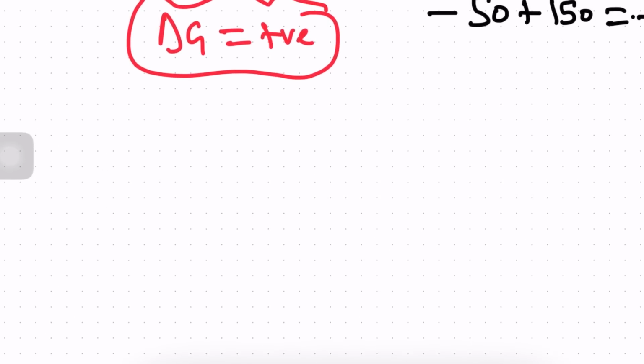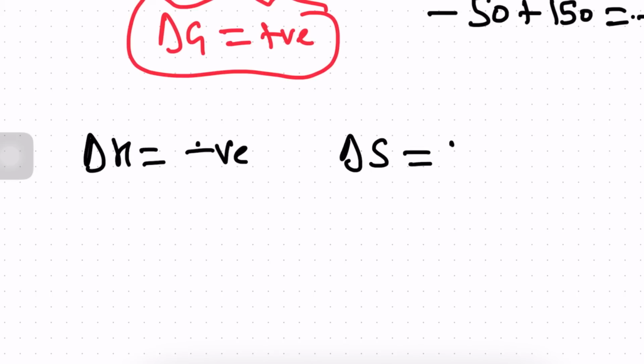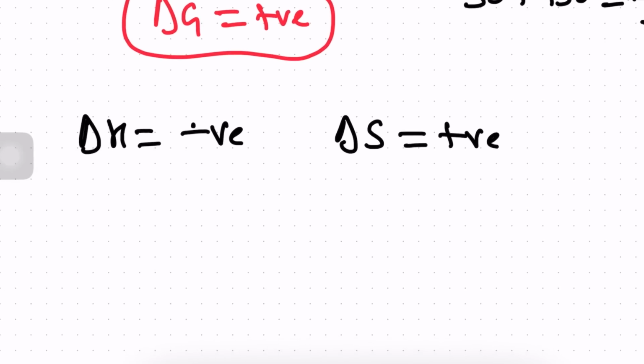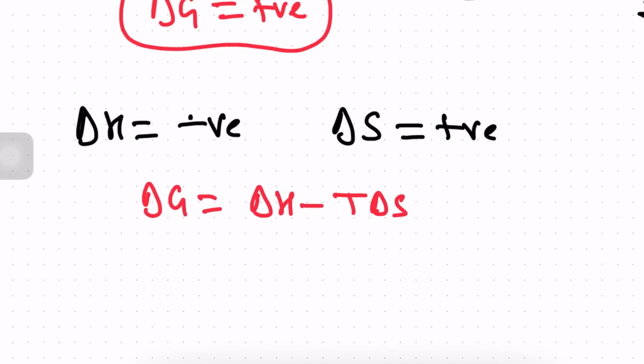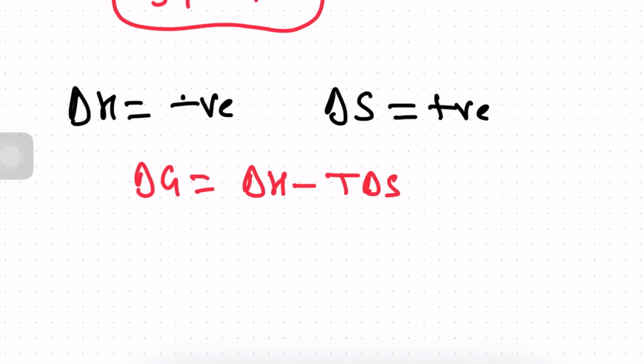Now I am going to discuss another situation. Let's suppose you have delta H value negative and delta S value positive. Now try to see here. In this situation, the relation is delta G is equal to delta H minus T delta S. Here your delta S value is positive and delta H value is negative.